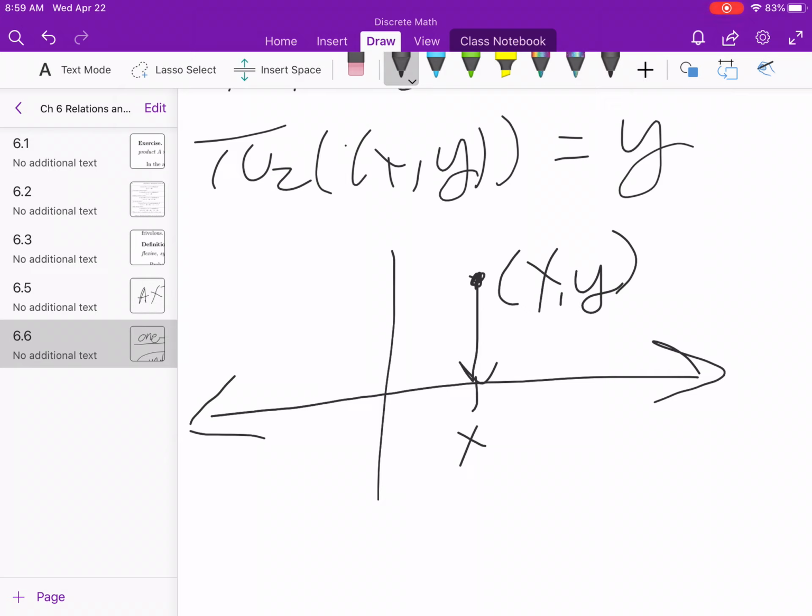And likewise, this point under the pi 2 mapping is going to just go to the point y. It basically just returns the specified index given here. So 1 means it's going to return the first value, 2 means it's going to return the second value, and so on.